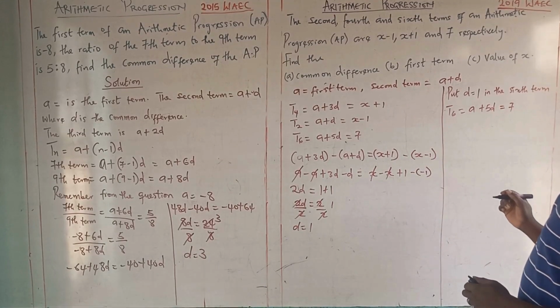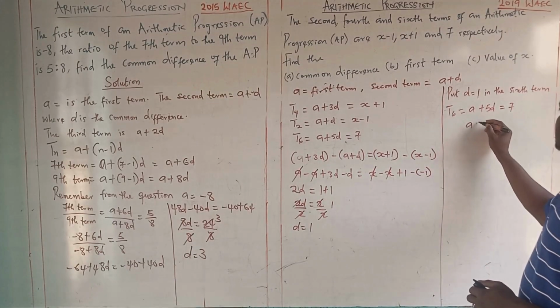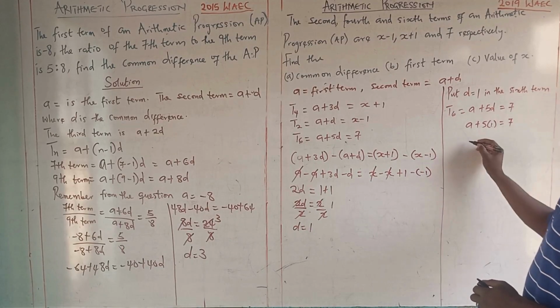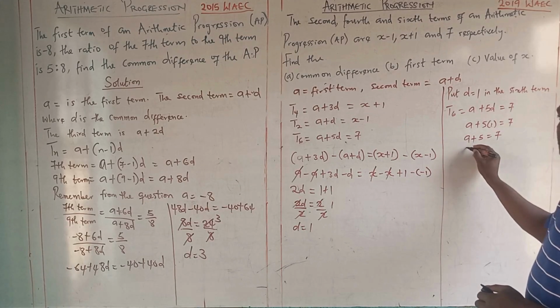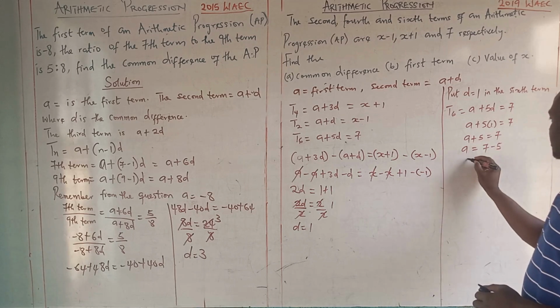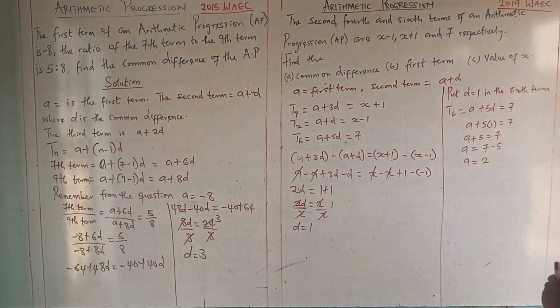Now putting d equals 1 means a plus 5 into bracket 1 equals 7. That means a plus 5 equals 7. That means a equals 7 minus 5. That means a equals 2. That means the first term is 2.